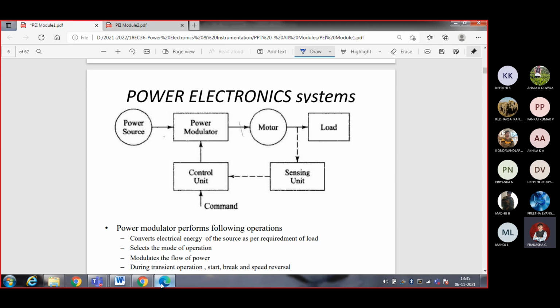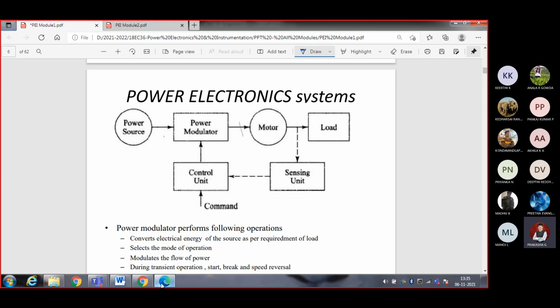There may be some requirement for sensing devices, where they sense, and based on the sensing there will be a control unit. A beautiful example of this power electronic system is your elevator itself. There are so many sensing units available. From the outside, people push the button to move up or down.